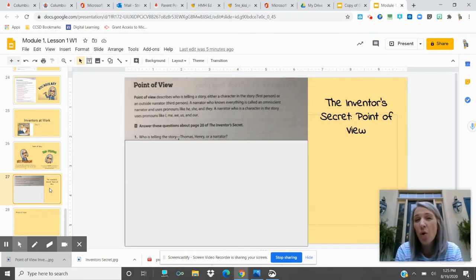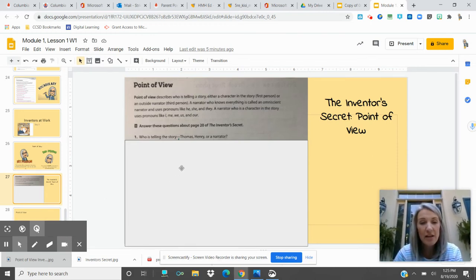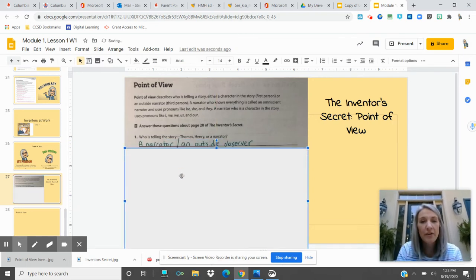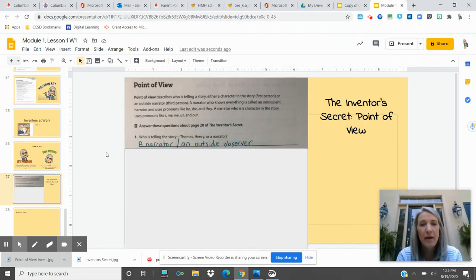If you look at the whole text in general, we know that Thomas isn't telling the story, Henry isn't telling the story, but a narrator is. So for number one, your answer should be a narrator or an outside observer. Okay, I'll give you a minute to write that down. A narrator or an outside observer. And you can always pause this video to write down the answers.